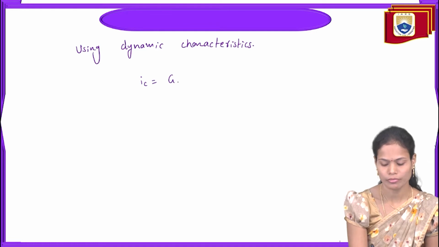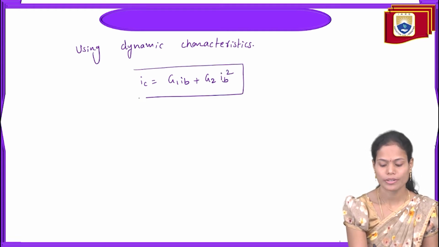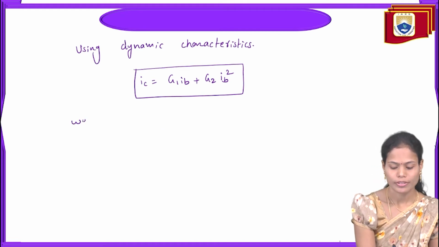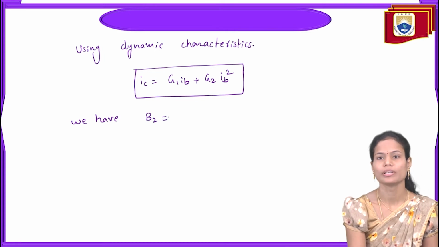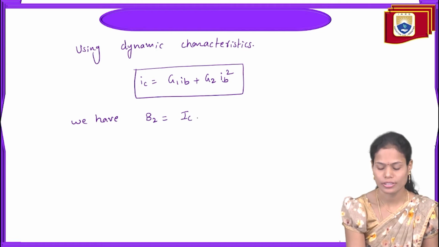IC equal to G1 base current IB plus G2 IB square. This is from the dynamic characteristics. So here we need to calculate the B2 value by using the collector current with signal minus the collector current with no signal.